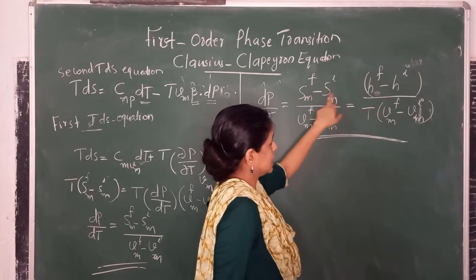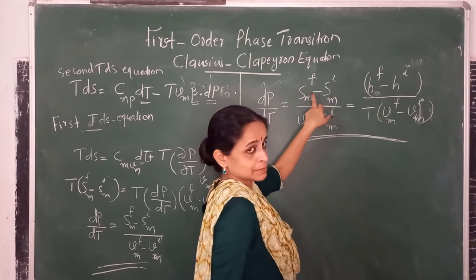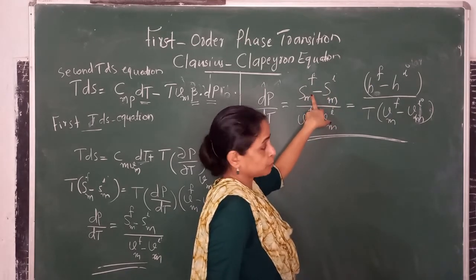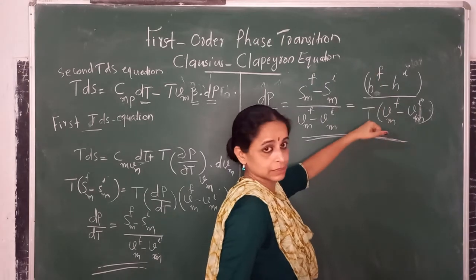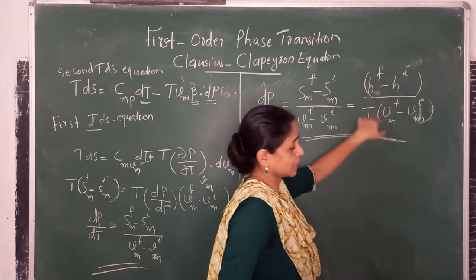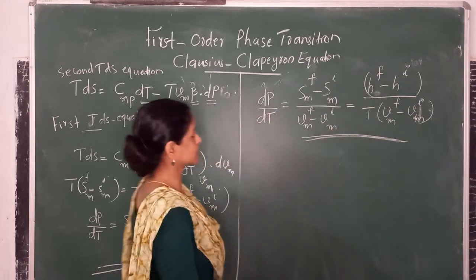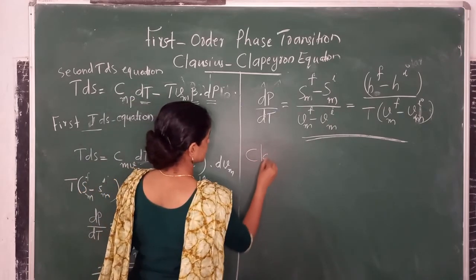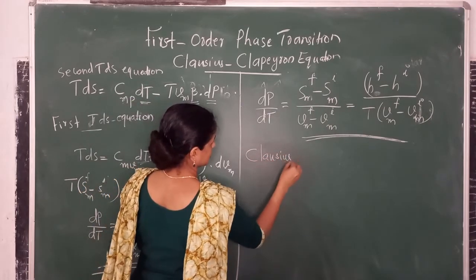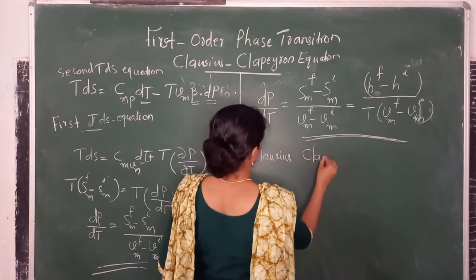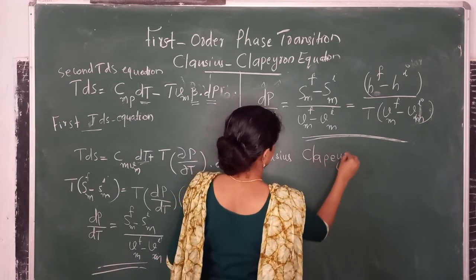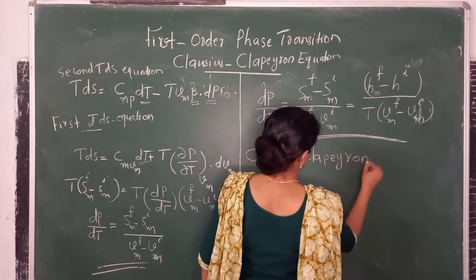So we can write this dS, the molar entropy change, as H by T. T is also a constant, so we can write the equation like this. This equation is known as the Clausius-Clapeyron equation.